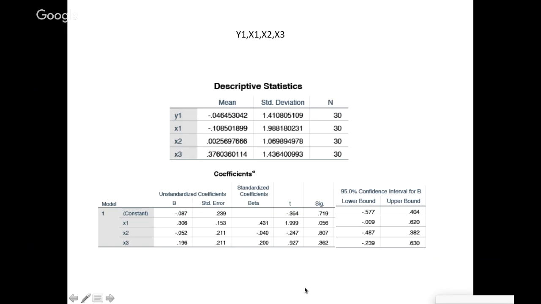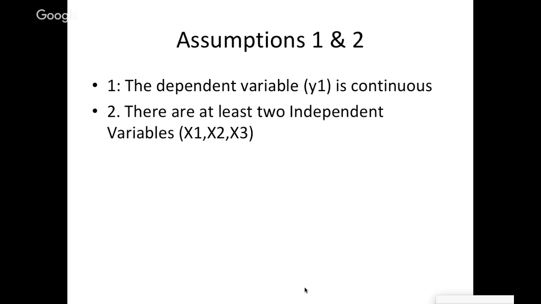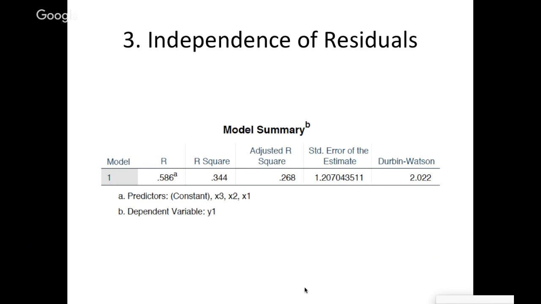All right, so let's get into some assumptions. These are pretty straightforward. We have a dependent variable that's continuous. We need at least two independent variables; you made us go above and beyond, so we have three. Next is independence of residuals. This is important because we want the residuals to be unrelated.